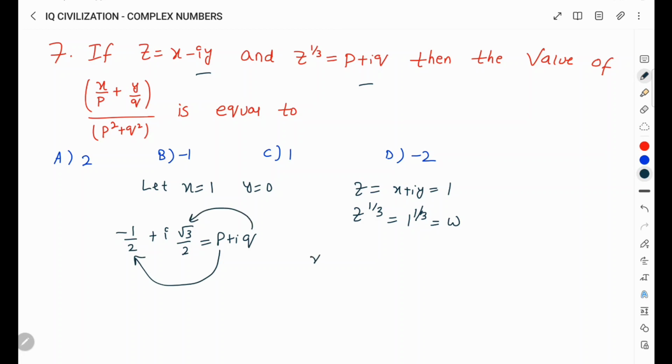Now x by p plus y by q divided by p squared plus q squared, I will directly get by substitution. The x value is 1, by p value which is minus 1 by 2. I write this 2 here because of the reciprocal, and plus the y value is 0, so the entire term will be 0. I am not writing it, by p squared plus q squared. P squared is this one, q squared is 3 by 4, so the denominator is 1, no need to write. So I will get minus 2.